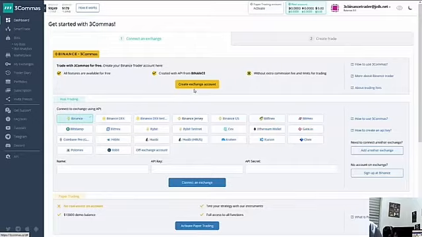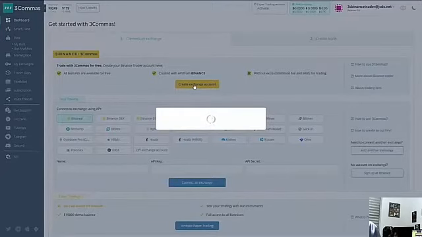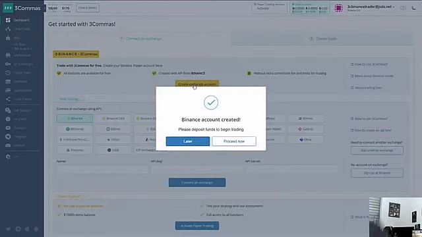Let me see if it worked. Okay, so now my Binance account has been created.